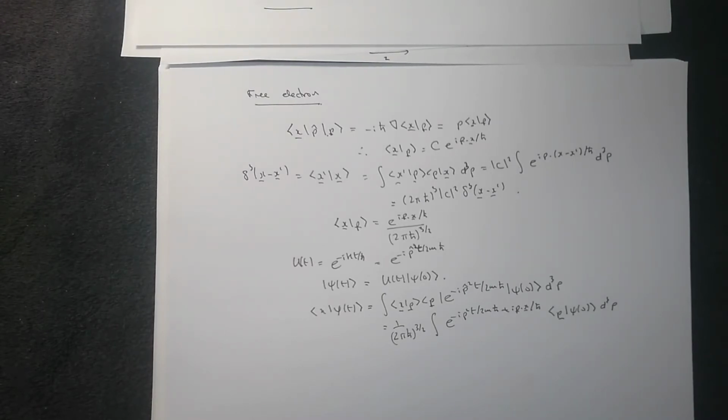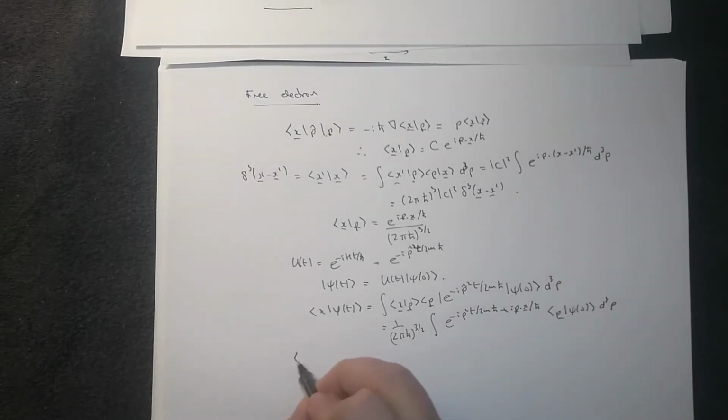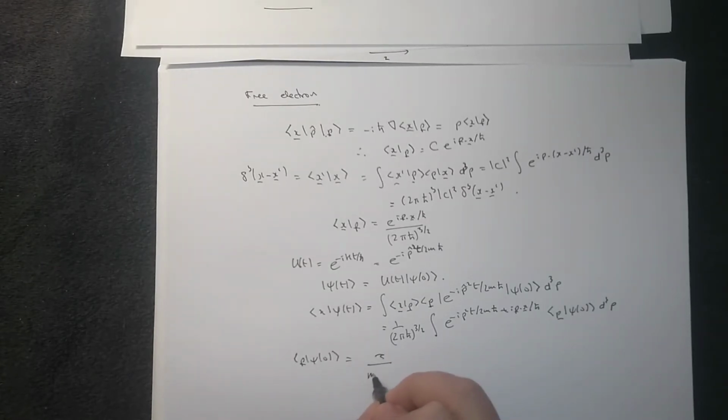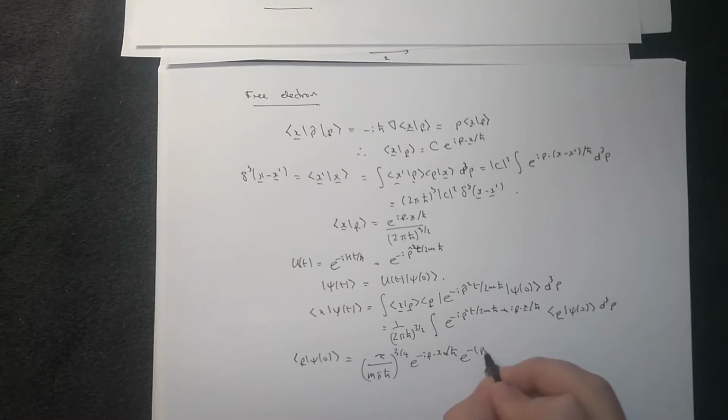We're going to take an initial Gaussian wave packet in the momentum representation as the following: tau over m pi h bar to the 3/4 e to the minus ip dot x naught over h bar e to the minus p minus mv squared tau over 2m h bar.